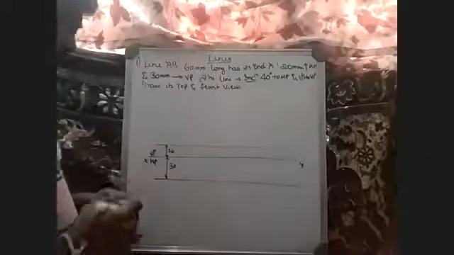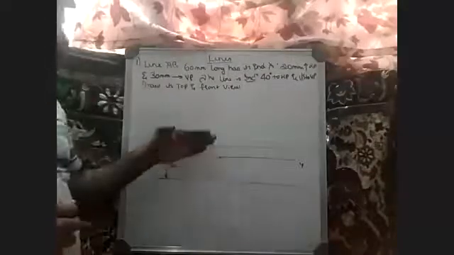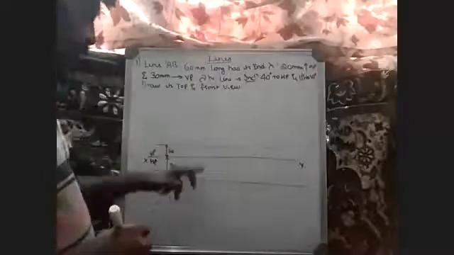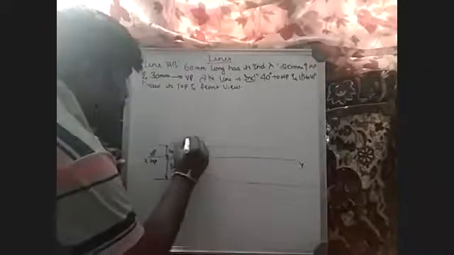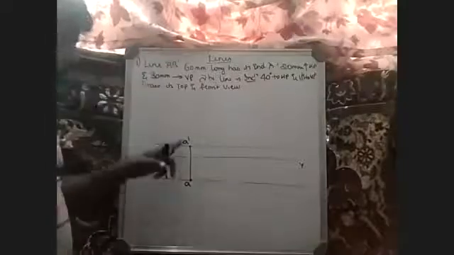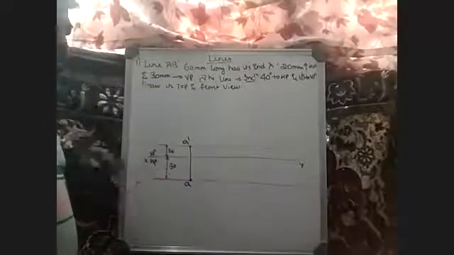When I rotate this clockwise 90 degrees, the 30 mm will come below the line. On this line you have the end A, so here this is A dash, straight down, and this is your point. Point A is 20 mm above HP and 30 mm in front of VP. So this is how I have done it.